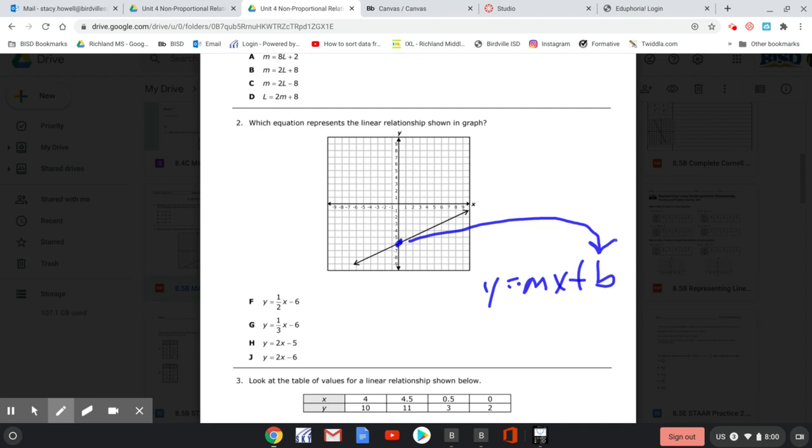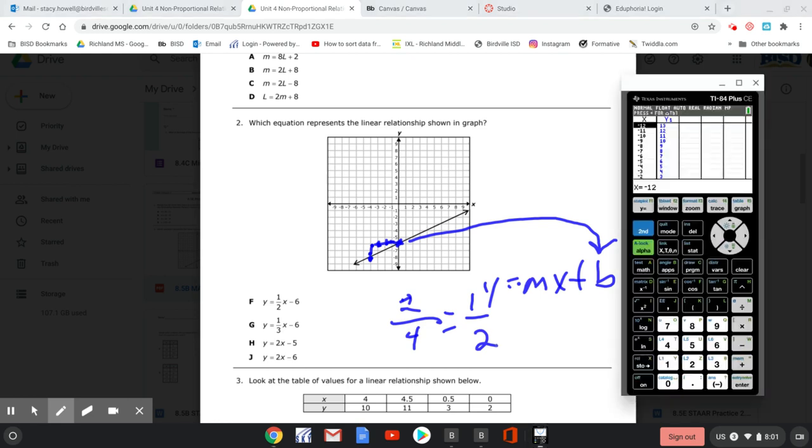So if we have 2 exact points, we can do rise, 1, 2, and we can do run, 1, 2, 3, 4. So if we simplify that, we're going to get 1/2. And it's going up. So we should have our equation.